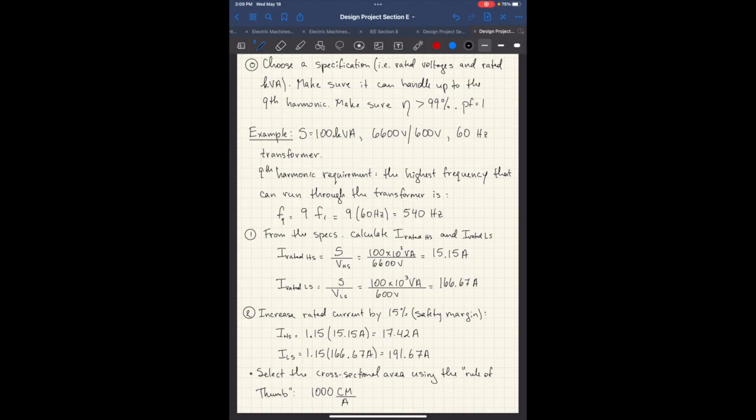Long story short, circular mil is basically the cross-sectional area of your cable. For example, for this one, they actually write the circular mil here in AWG.